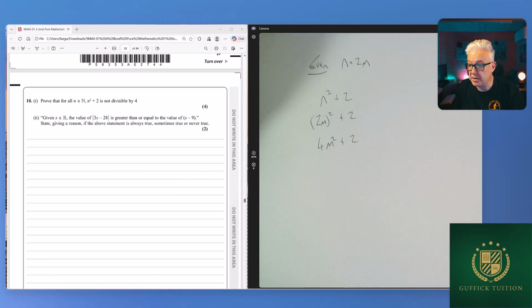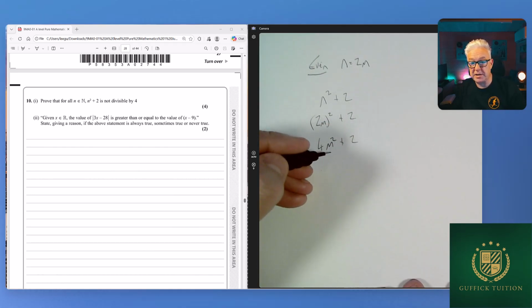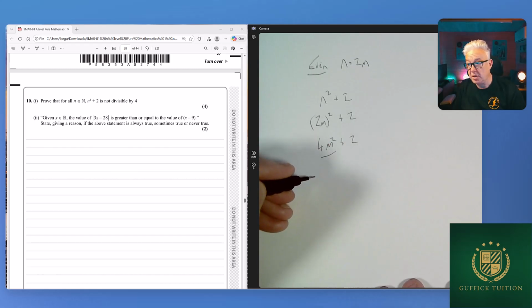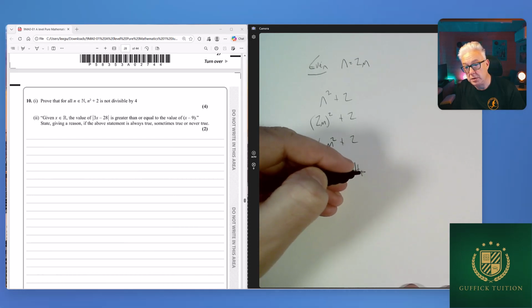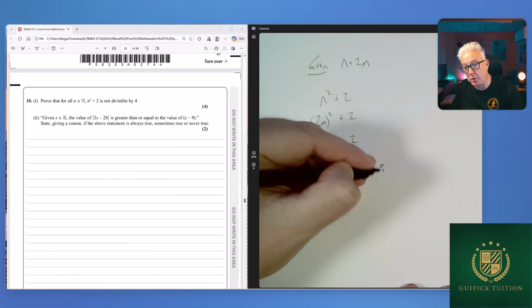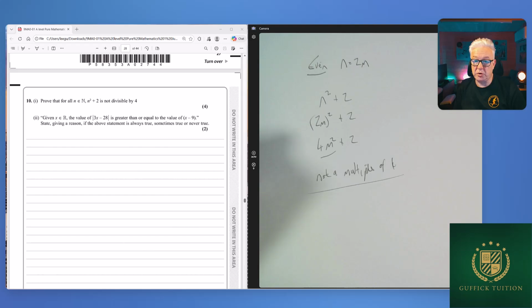Now this is not divisible by 4 because it's 4 times something add 2. So that is not a multiple of 4.